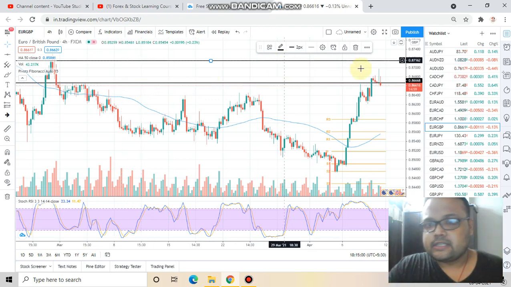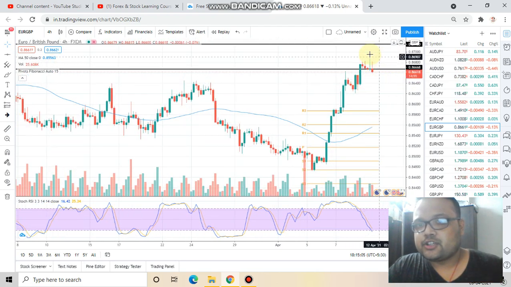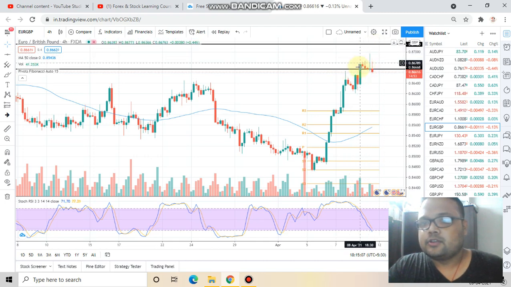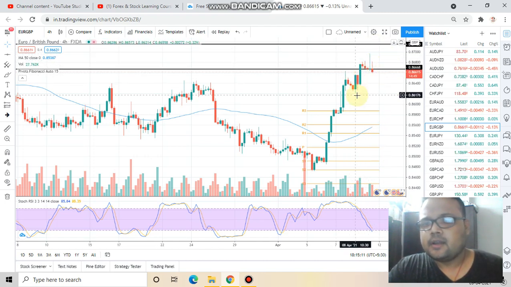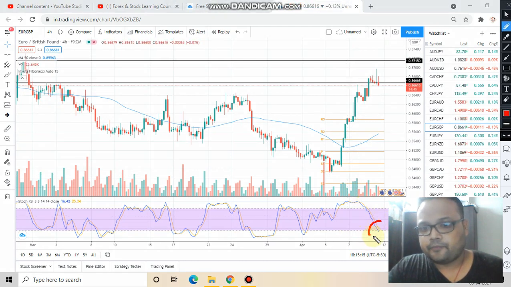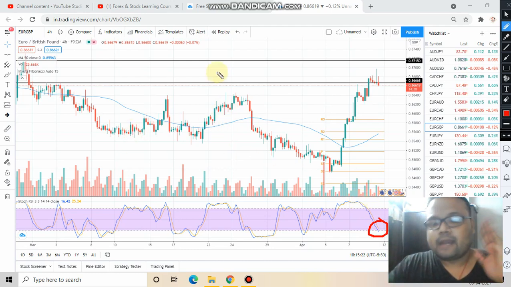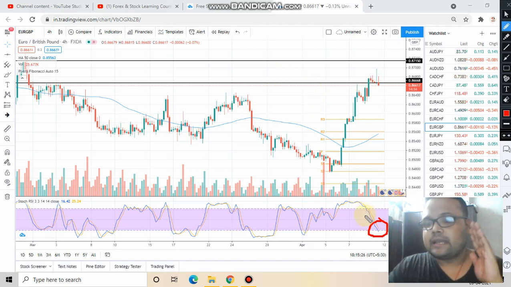Seeing this price rejection from above, definitely it's a sell order. We can easily short the market, but you can see that the market is also kind of oversold. So things are not adding up. The market is in a resistance zone, but the market is oversold. So there may be a chance that the market will come down a little, then go up again.